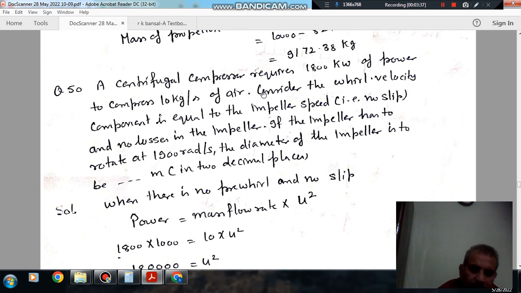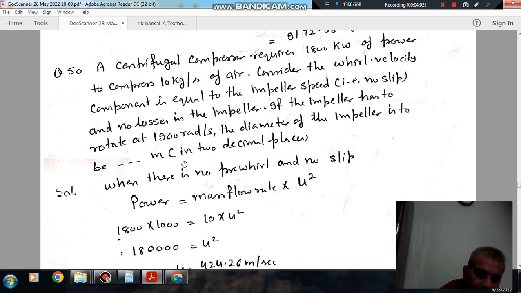Next, a centrifugal compressor requires 1800 kilowatt of power to compress 10 kilogram per second of air. Consider the whirl velocity component is equal to the impeller speed, that is no slip and no losses in the impeller. If the impeller has to rotate at 1900 radian per second, the diameter of the impeller is to be dash meter.